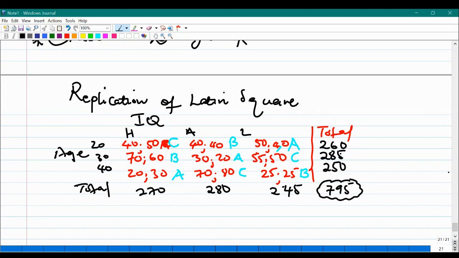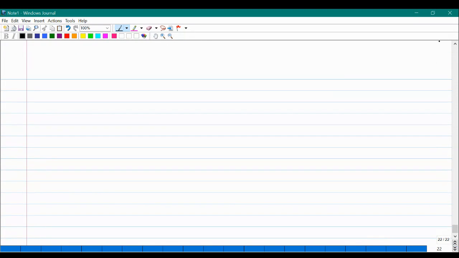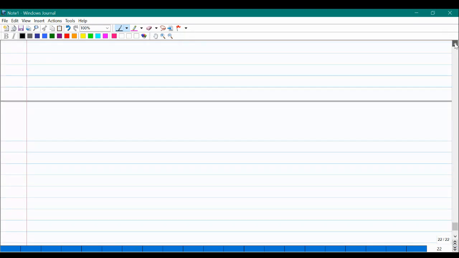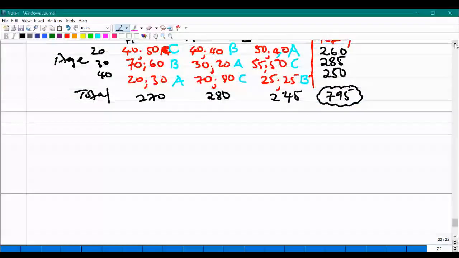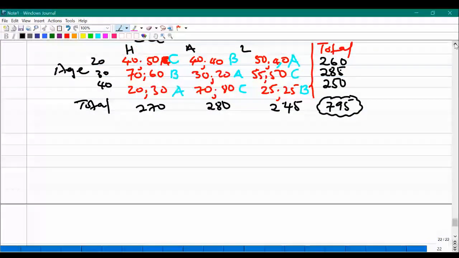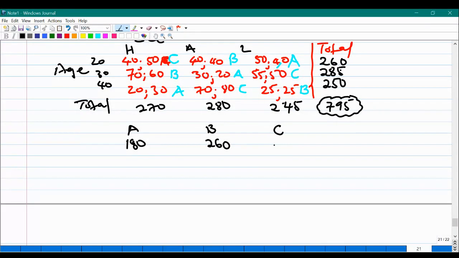So now, give me the totals of the treatments. The total for the treatment, you know how to find that? For the first treatment, Mrs. Manga, for treatment A, is 180. For treatment B is 260. And C is 345.